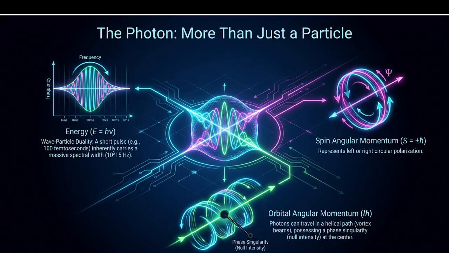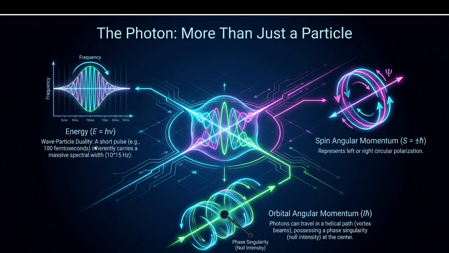The photon is more than just a particle. As we know, the photon is not just a wave, not just a particle, it shows wave-particle dual nature. When we discuss energy, we discuss it in terms of quanta, and the quantum energy is defined as E = h nu.